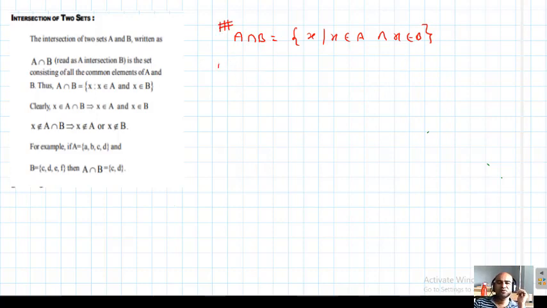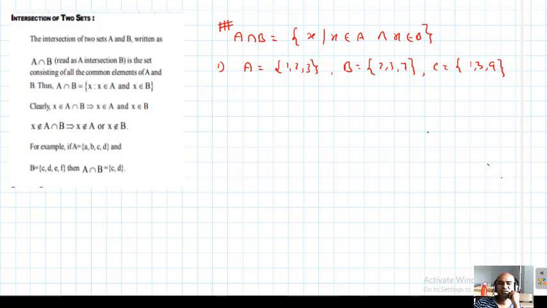Now, A is given as {1, 2, 3} and B is given as {2, 3, 4} and C is given as {1, 3, 9}.